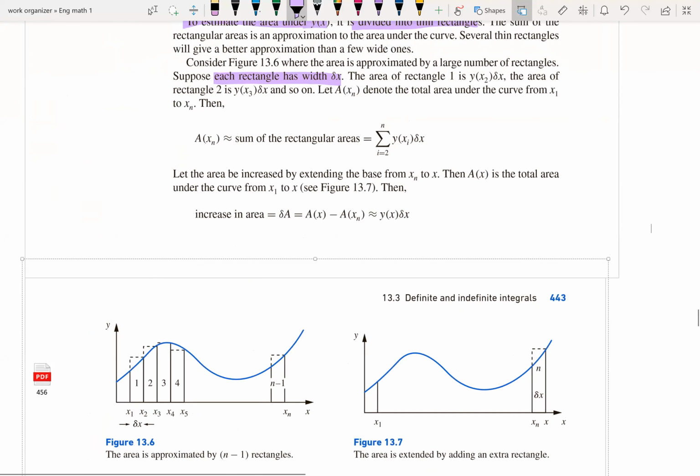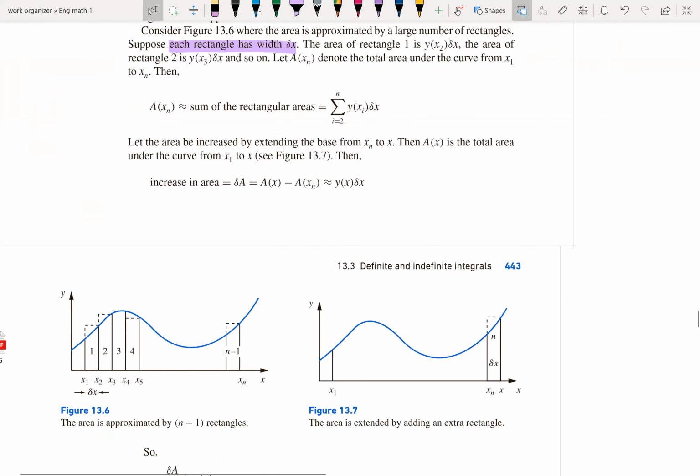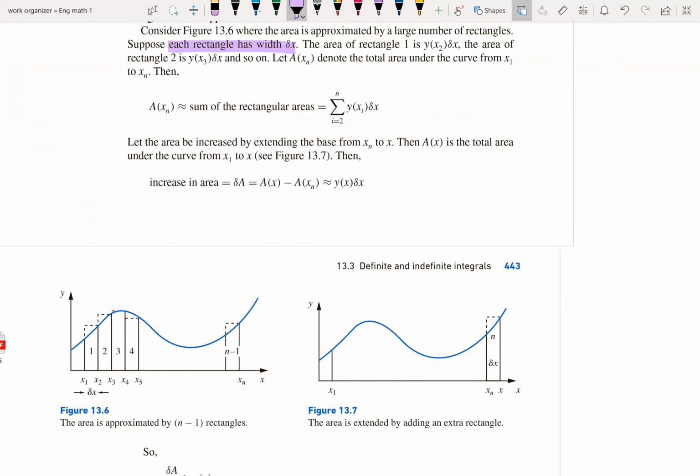In this case, rectangle 1, figure 3.13.16 here, is y at x2 times delta x. We have y, and then we have delta x, and we denote it with x2.